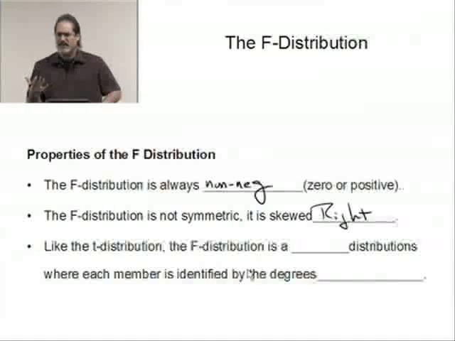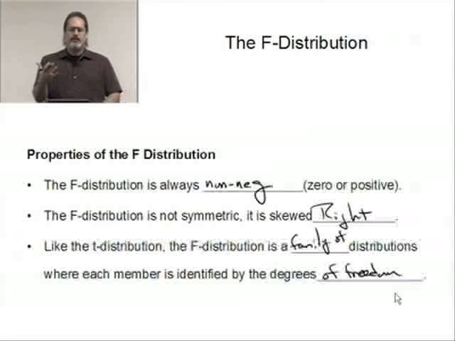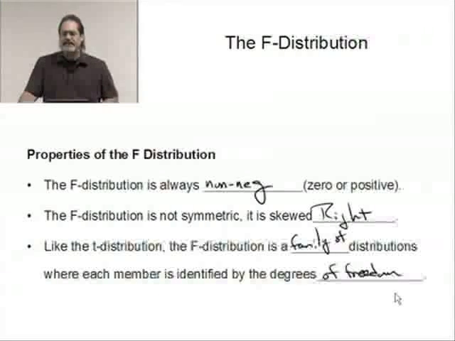It does not become a standard normal, but the f-distribution is actually a family of distributions where each member of the family is defined by its degrees of freedom. And the degrees of freedom for the f distribution is slightly different than for the t. Yes, it is n minus 1, but for the t distribution we looked at n minus 1 because there's only one n.